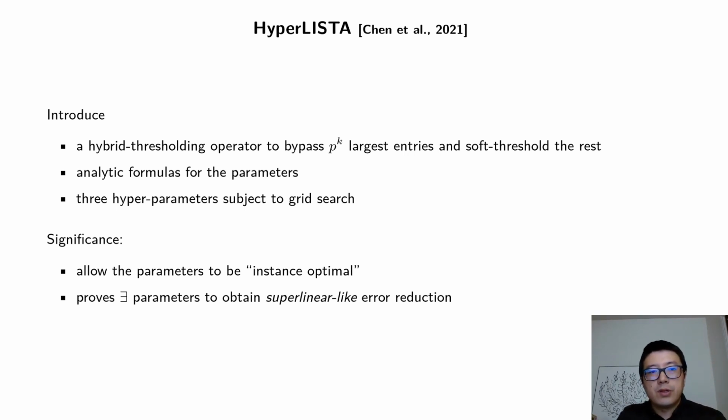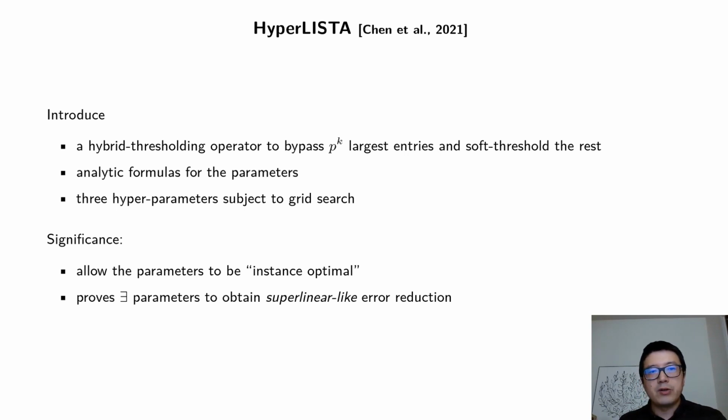And these formulas still have three hyperparameters, which are three scalars to train. Well, you can train them based on data, but you don't need to use SGD. You can just use grid search to get the global optimum, if there are just few enough parameters. The significance is a little behind the hood.